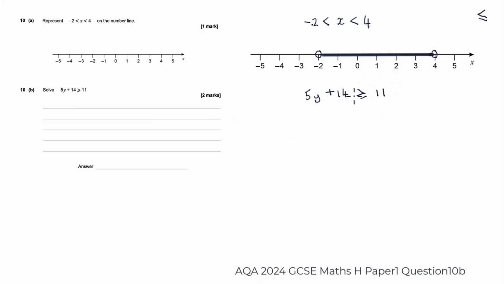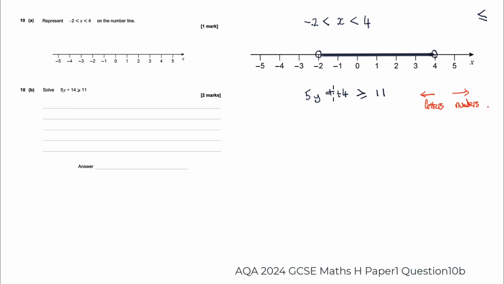Otherwise the inequality would not be true. So remember, the general aim here is to get letters on the left of that inequality sign and numbers on the right.